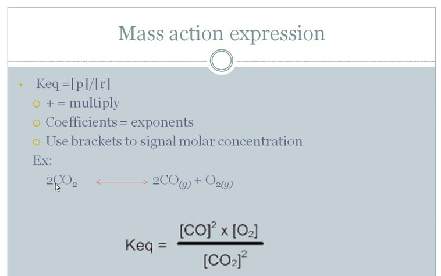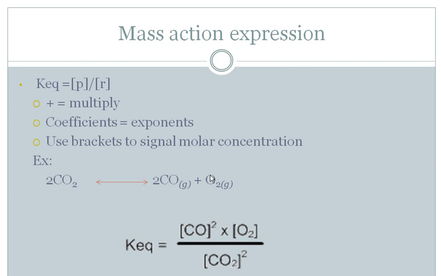So for example, with carbon dioxide decomposing into carbon monoxide and oxygen gas, these are the products, these are the reactants. Our first product is carbon monoxide, and since it has a coefficient of 2, that 2 becomes an exponent. We have a plus sign, so that becomes a multiplication.